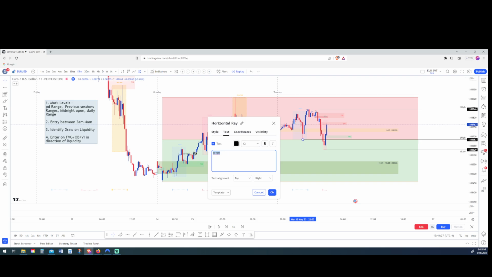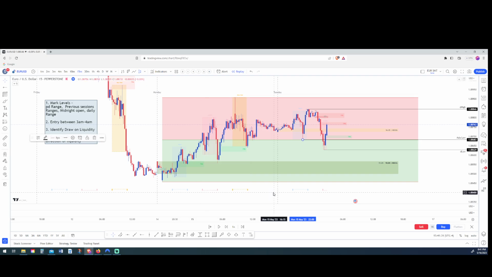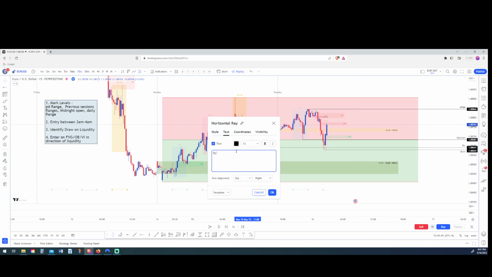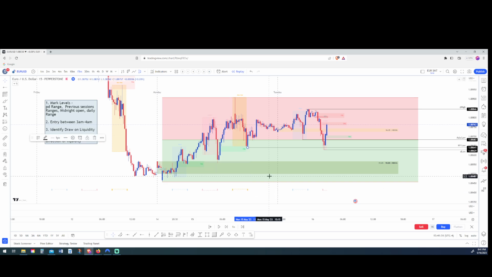Then we have the New York session low. We can see actually we've just swept New York low as well from yesterday. Quite nice. So we've taken a couple of key liquidity points coming into our time window.